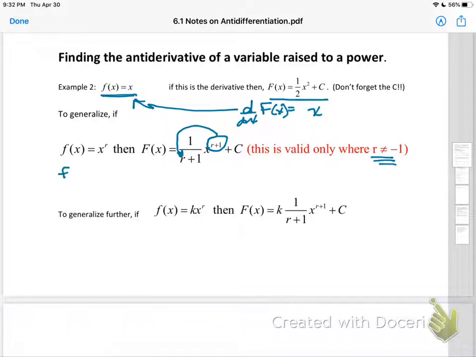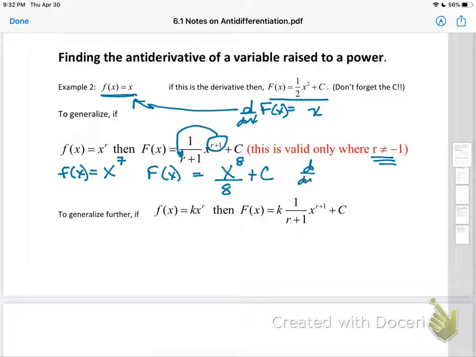Let's try one, and then we'll try additional ones. What if I said f of x equaled x to the 7th? I'm going to contend that F of x, the original function, is going to be: I add 1 to the 7, I get 8, I divide by that same 8, and I add C. Let's see, if we take this derivative, will I get that original function back?